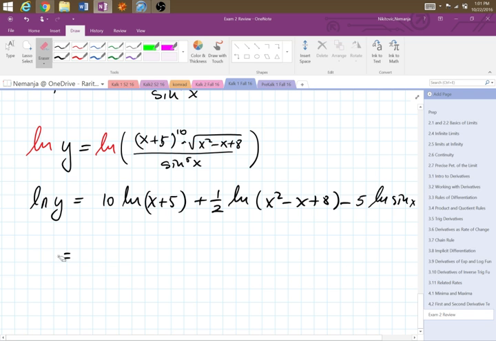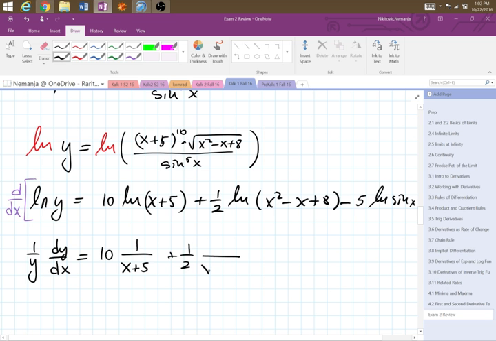So now we are taking the derivative. We have 1 over y dy dx is equal to 10 times 1 over x plus 5, plus 1/2.